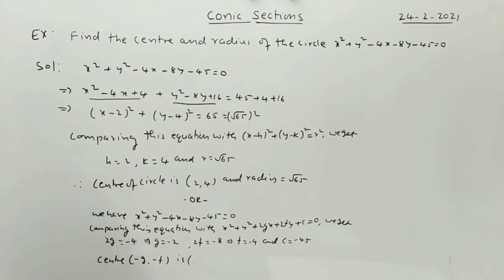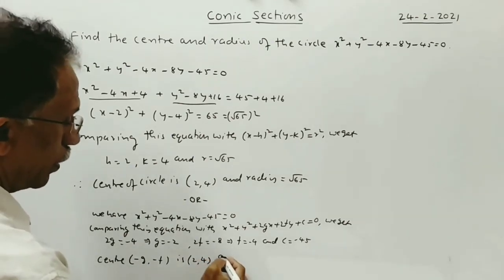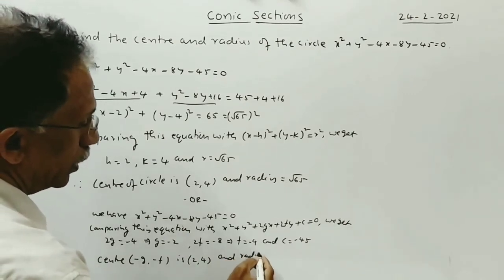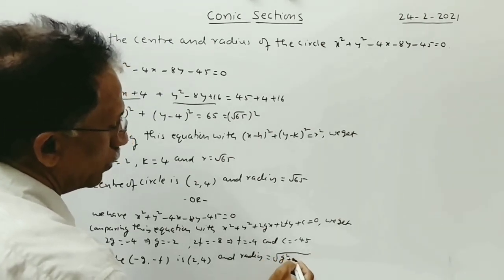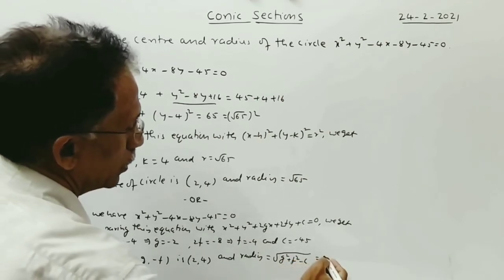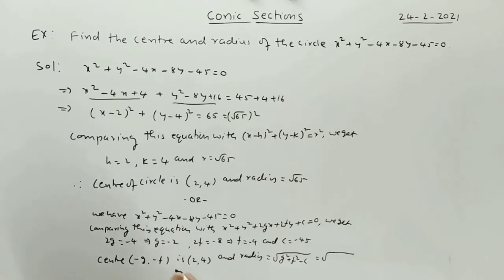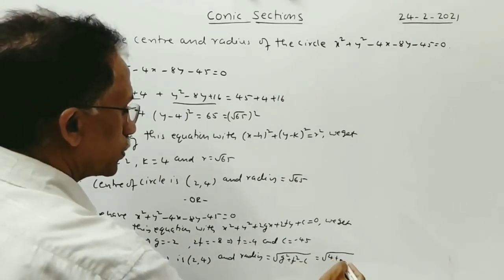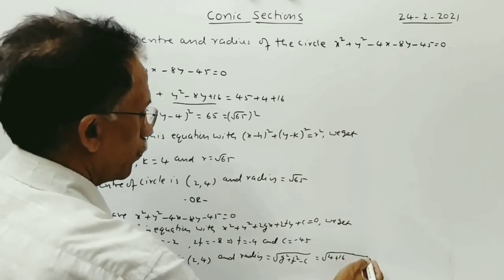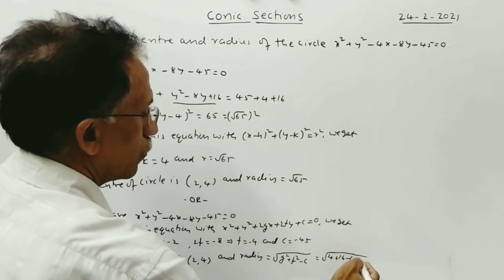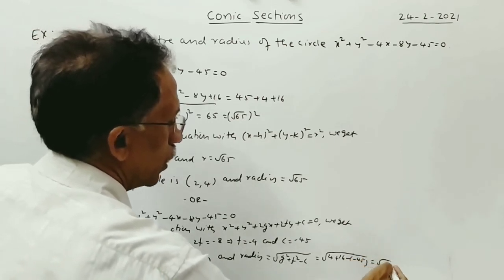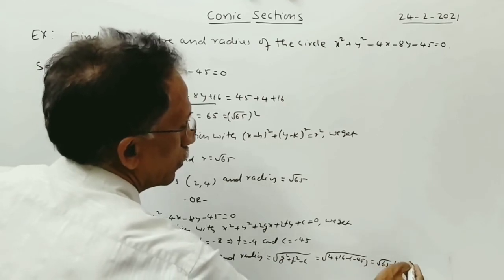What is minus g, that is 2, what is minus f, that is 4, and radius is equal to square root of g square plus f square minus c is equal to square root of g square, that is 4, plus f square 16 minus of minus 45 is equal to square root of 65 units.